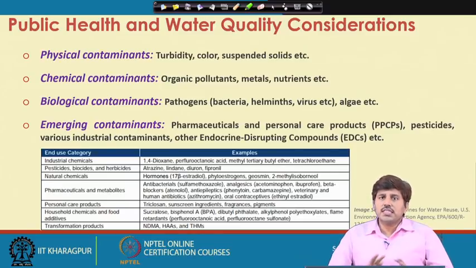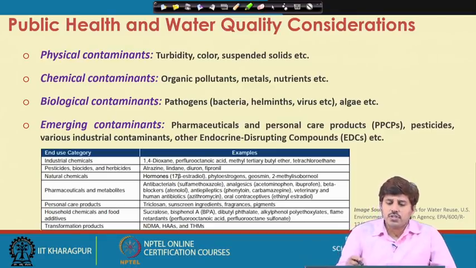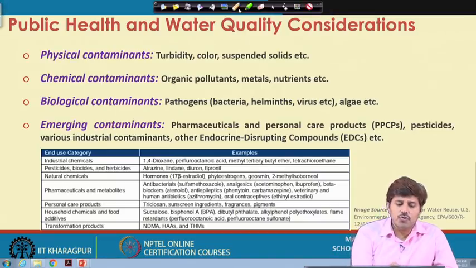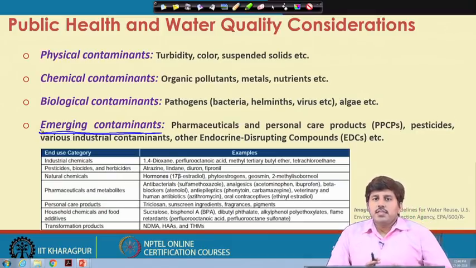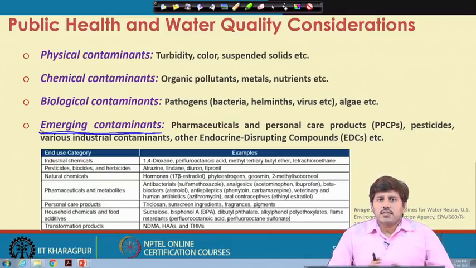Up to these, it is pretty okay. People know that these will be present in the wastewater, and they provide an adequate degree of treatment if they plan for reuse or recycling. The most threatening or dangerous are the emerging contaminants, because these are compounds which have not been traditionally detected or formulated.